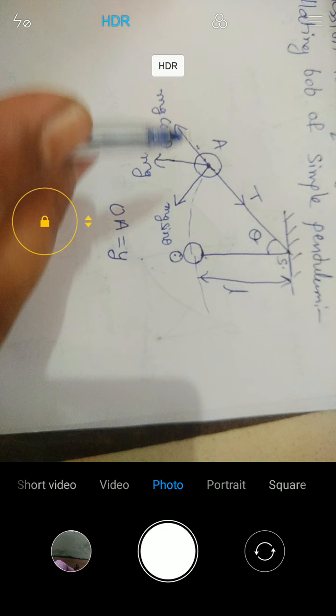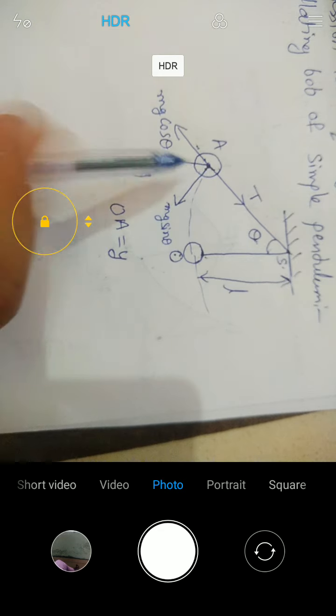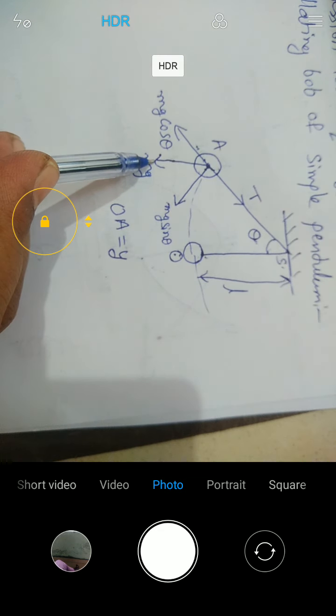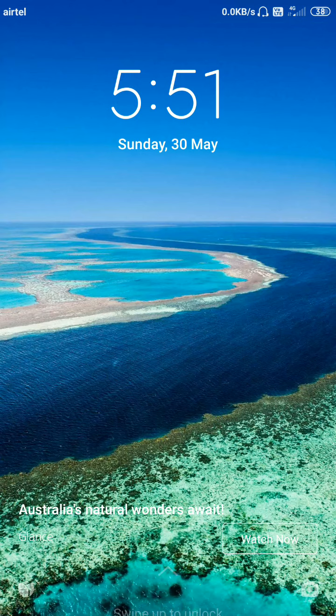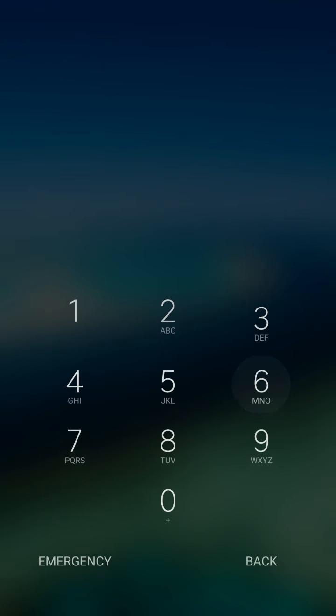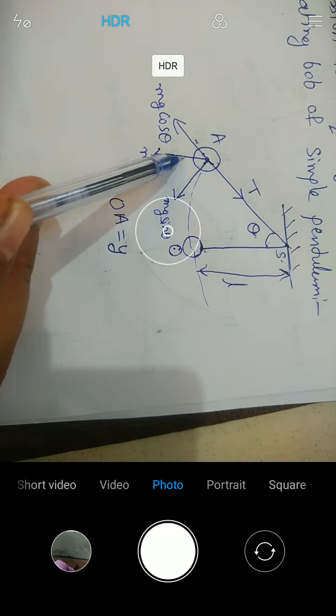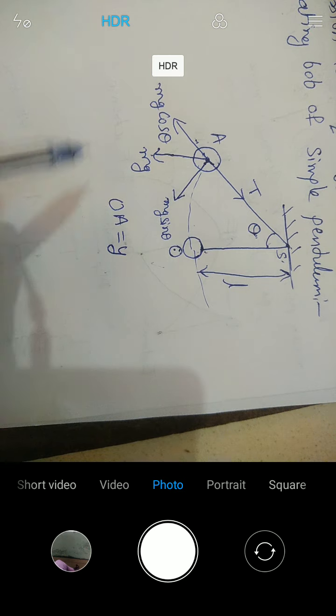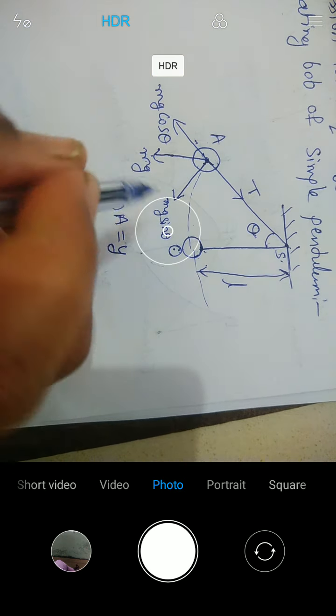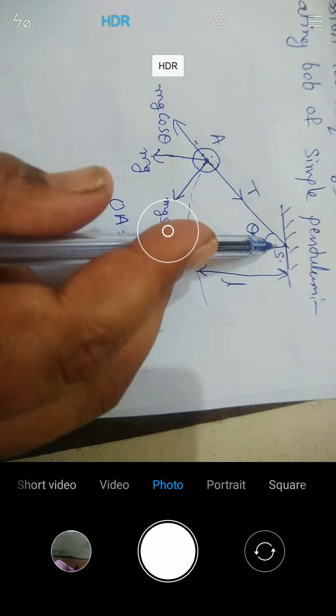Then when the bob is at position A, the forces are acting: because of the weight of the bob, mg is acting in the downward direction, and the tension is acting along the string, along the AS direction.